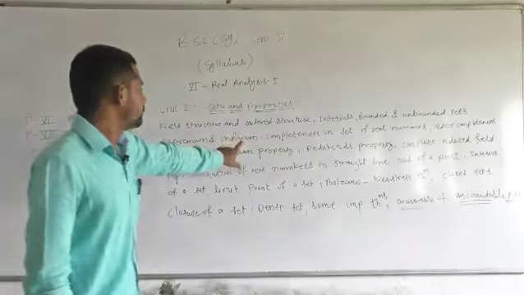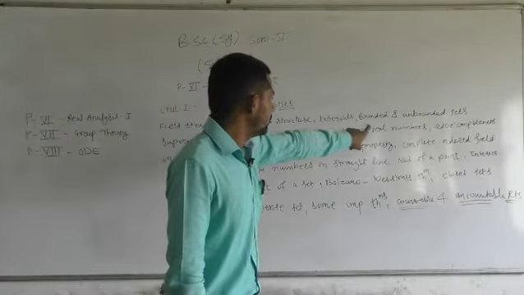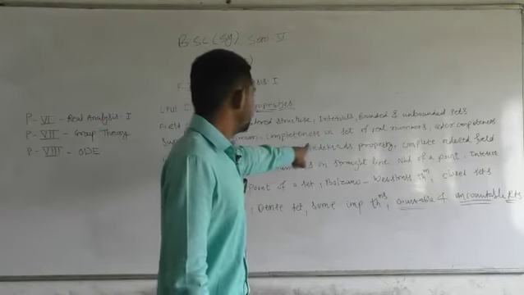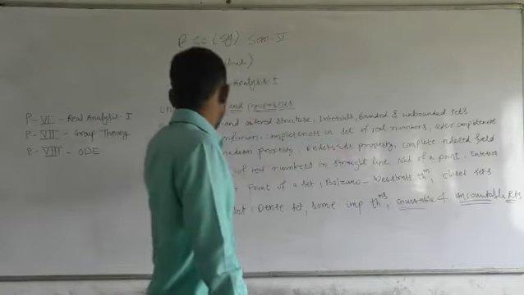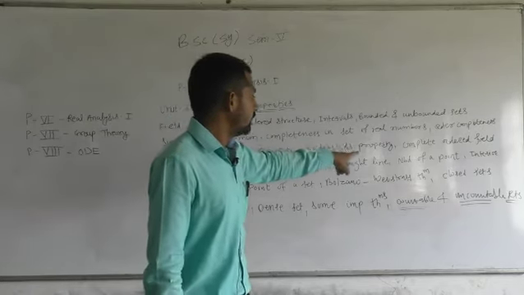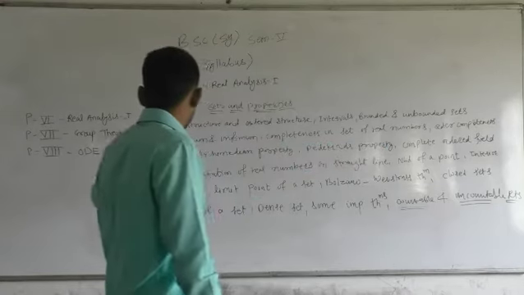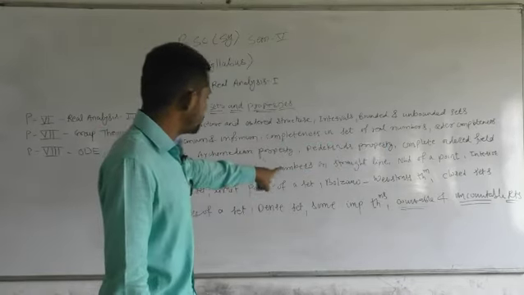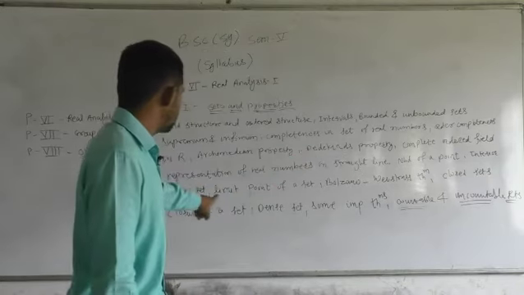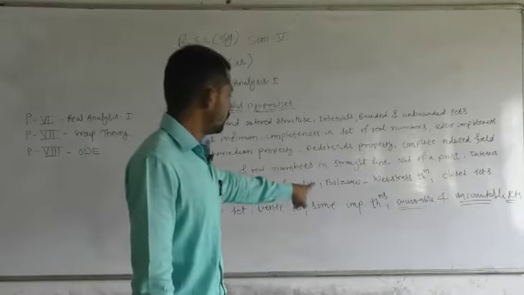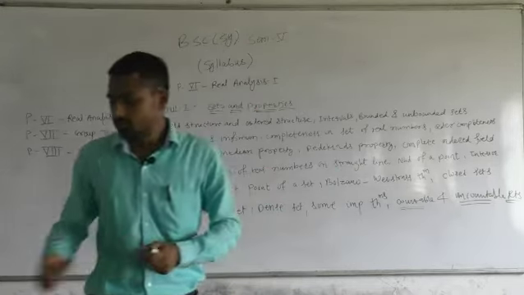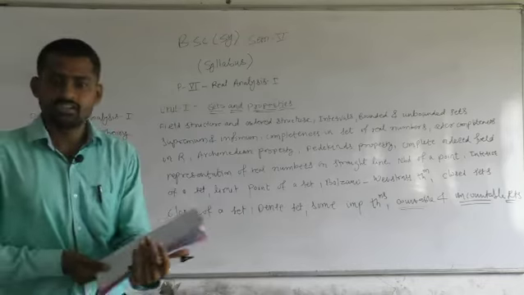Supremum and infimum, completeness in the set of real numbers, order completeness in R, Archimedean property, Delta property, complete ordered field, representation of real numbers on a straight line, neighborhood of a point, interior of a set, limit point of a set, Bolzano-Weierstrass theorem, closed sets, closure of a set, some important theorems, and countable and uncountable sets. This is unit 1st. Now write it down.